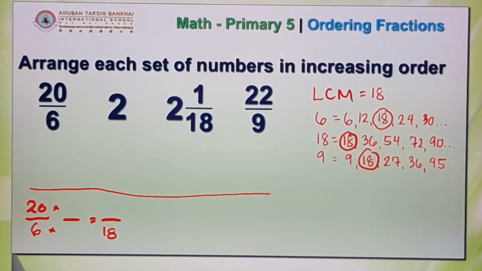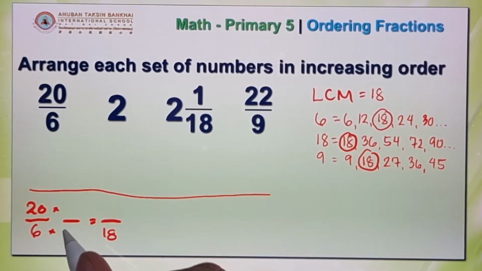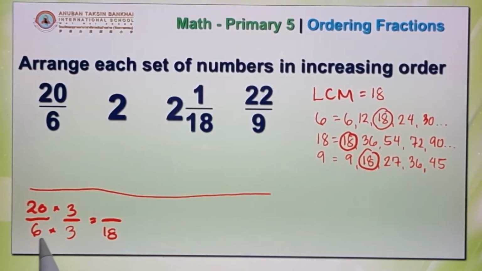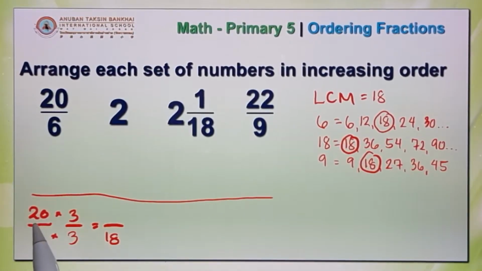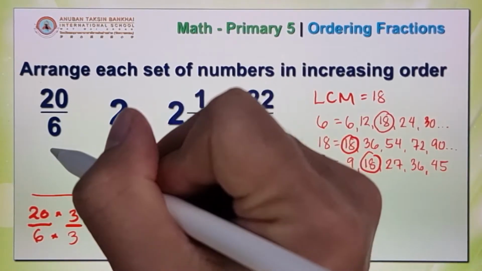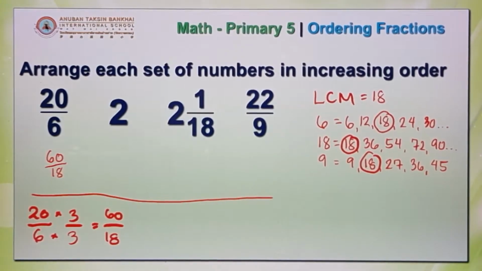If we change 6 to 18, we multiply it by 3. So 6 times 3, we have 18. 20 times 3, we have 60. So 20 over 6 is equal to 60 over 18.